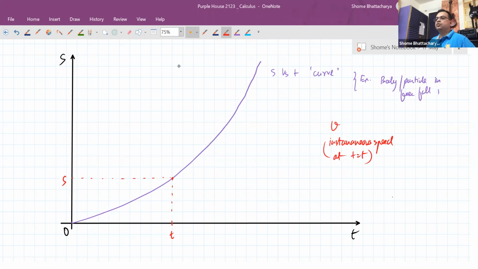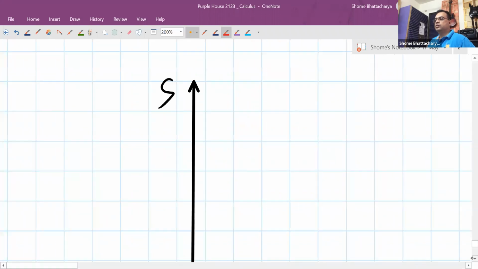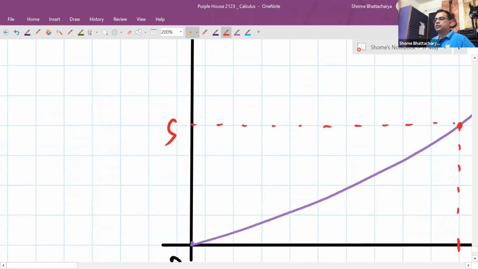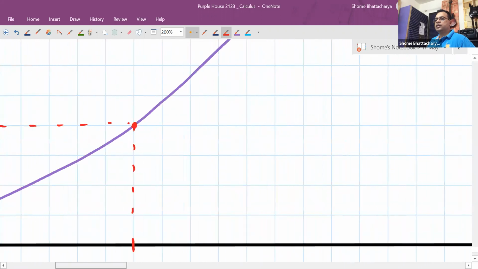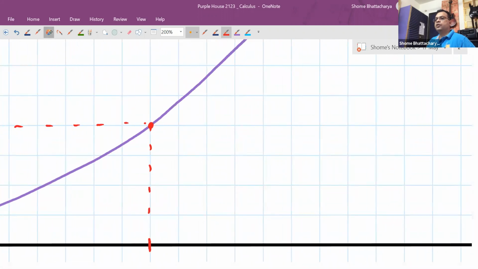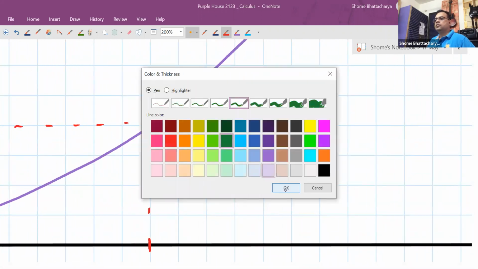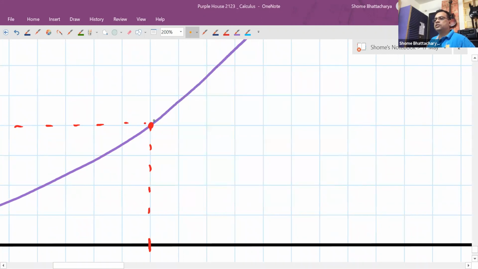So as usual, I have to zoom into this graph as much as possible. If I zoom in and draw a second point over here, as close as possible to the first point, the closer it is, the more accurate my reading will be.